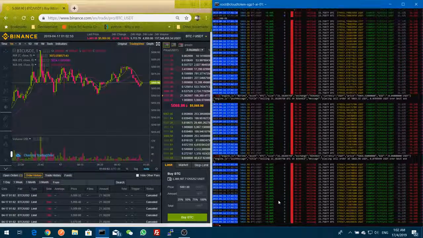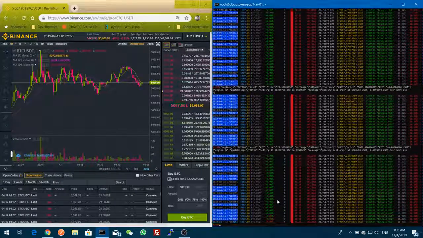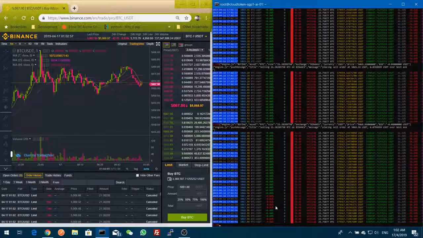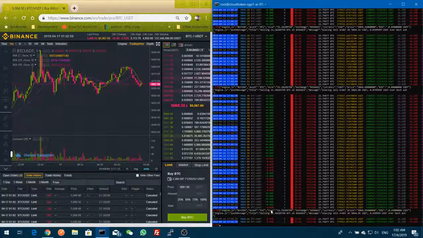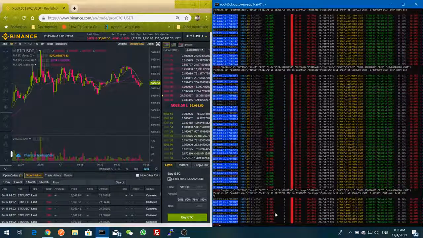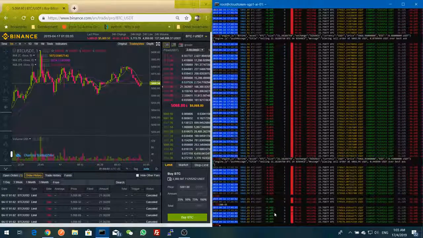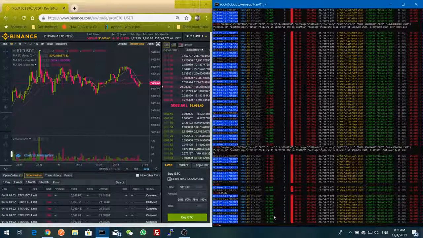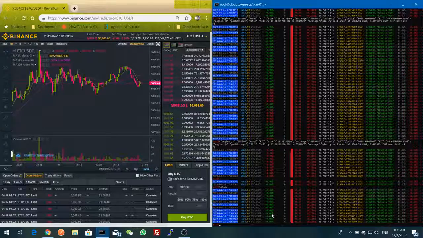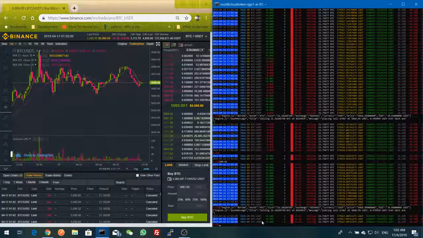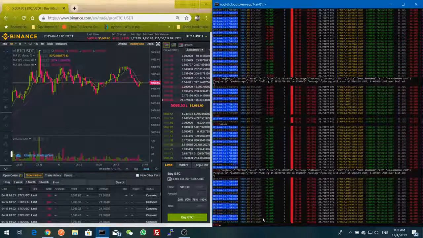Now the price is back down to 5067, 5068, which means the bot won't be able to do much selling, as we'd be losing money.